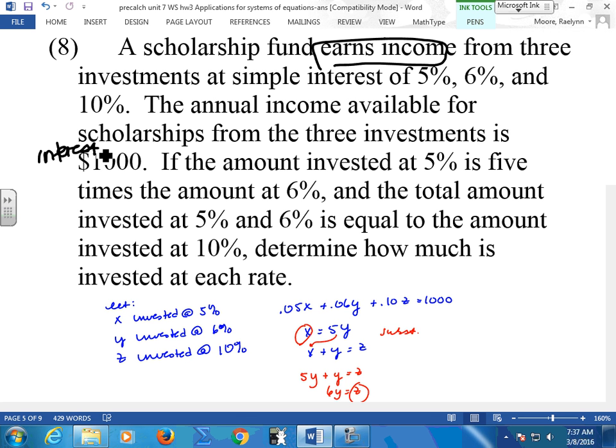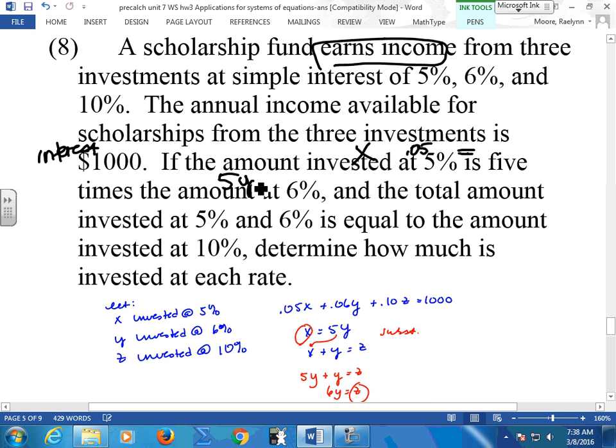Now, once you set your let statements up, a good way to do this is put it over your words. If the amount invested at 5, this is your X, at 0.05, make sure it's 0.05, is 5 times the amount at 6. What is the amount at 6?